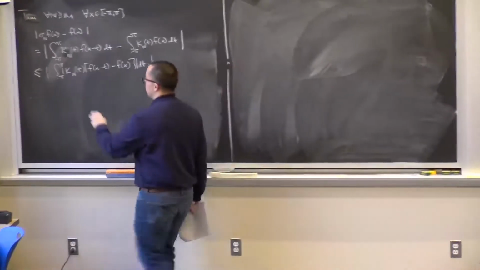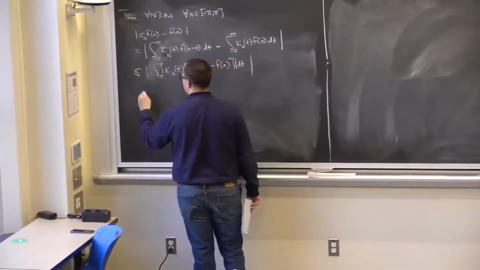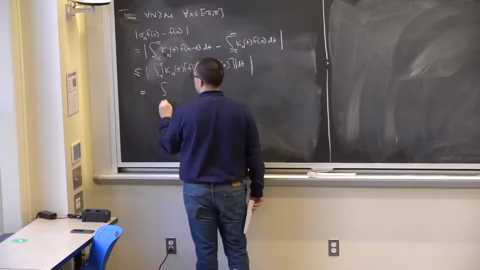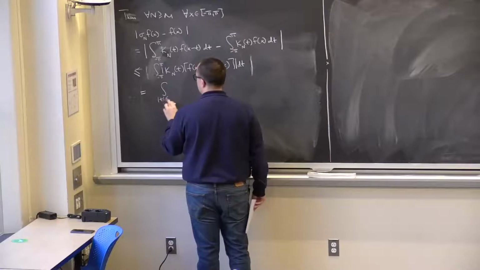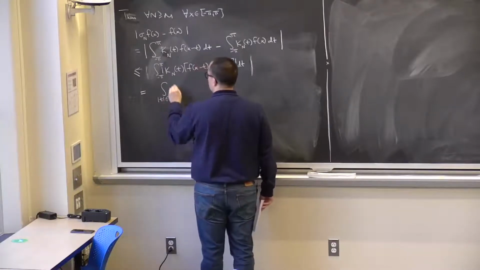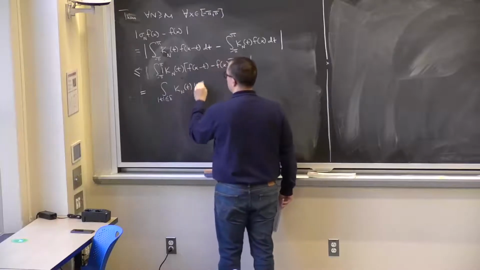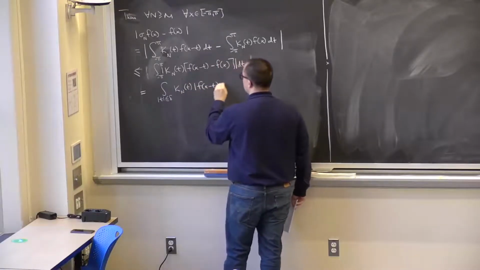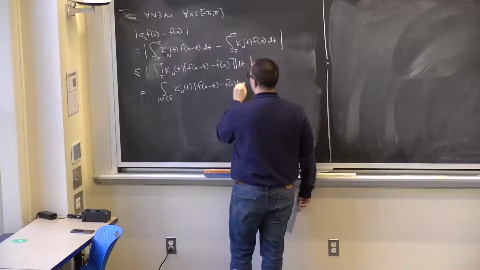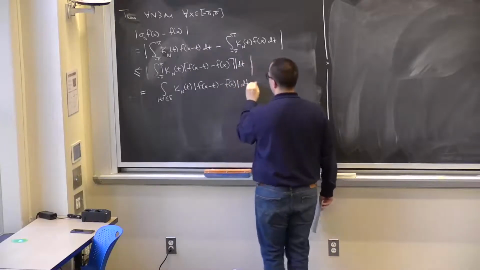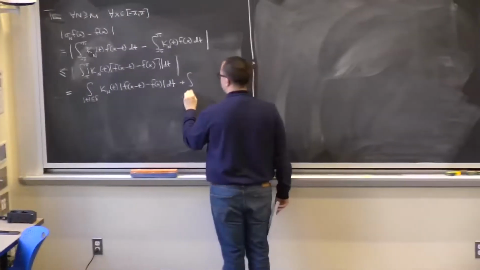And now I'm going to split this integral up into two parts. This is equal to the integral over |t| less than delta. And because kn is non-negative, this is just kn of t times |f of x minus t minus f of x| dt plus the other term.